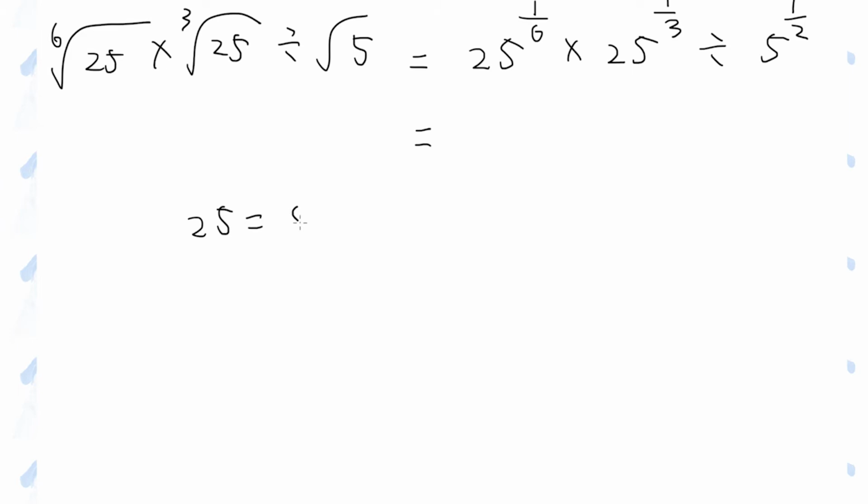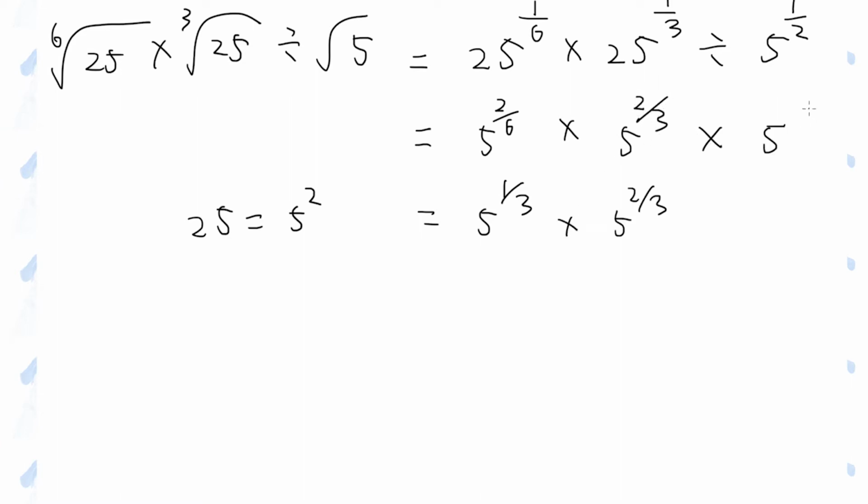25 is 5 squared, so this becomes 5 raised to the power of 2/6, which is 5 raised to the power of 1/3. And this becomes 5 raised to the power of 2/3. 5 raised to the power of minus 1/2.